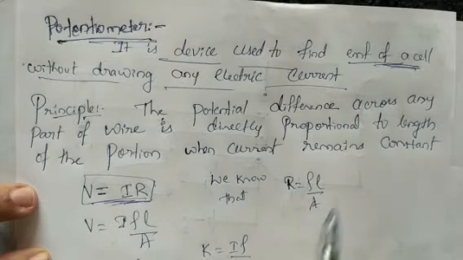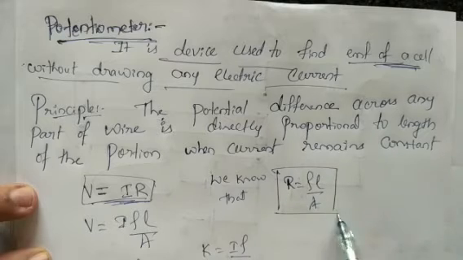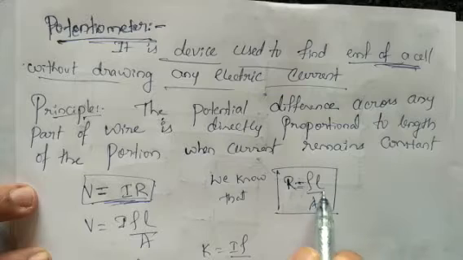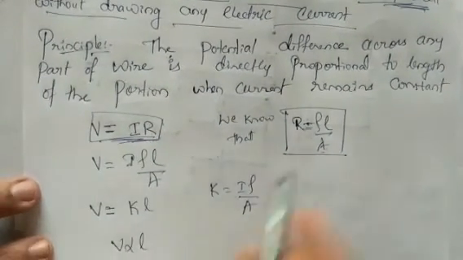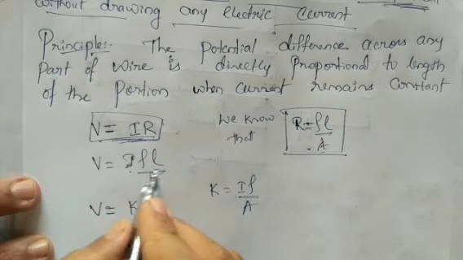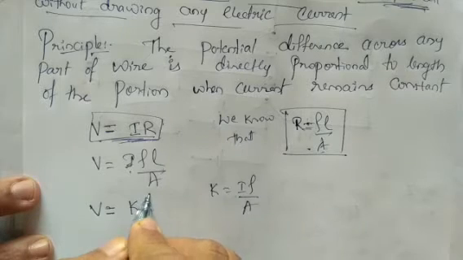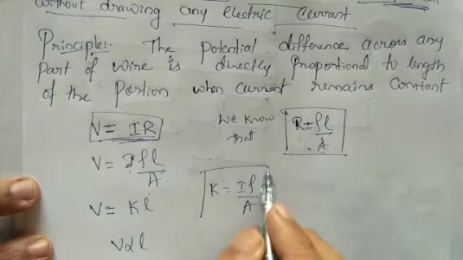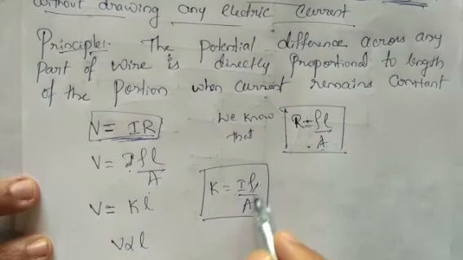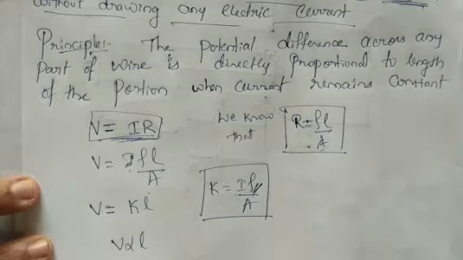Now we know the resistance of a wire is given by R = rho L divided by A. Replacing the R value, we get V = I rho L divided by A. If I consider some material or wire that is not changed, the resistivity remains the same, and we have taken a wire of uniform cross-sectional area.